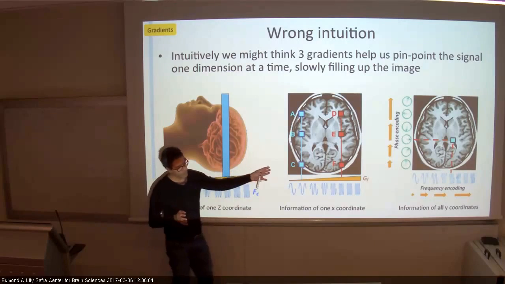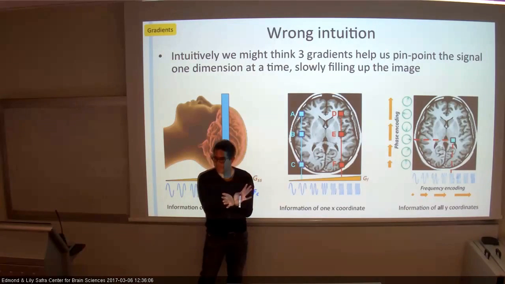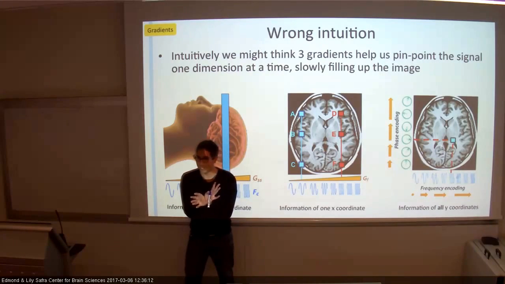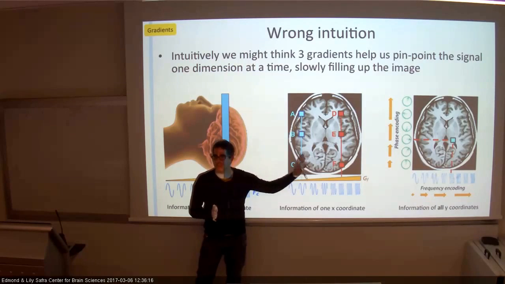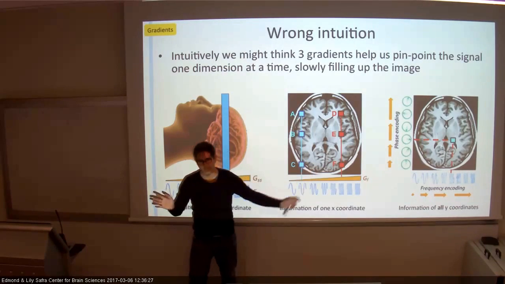Then there will be others that allow us to encode the location in space within this slice, between those that were excited. I will show you how. I didn't explain exactly how. We can actually measure for a very long time. I think in the textbook you say that you can measure in time and then solve the Fourier, but we typically don't do it because it would take very long.